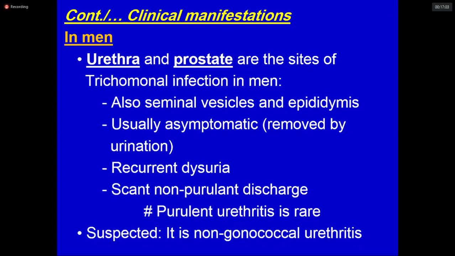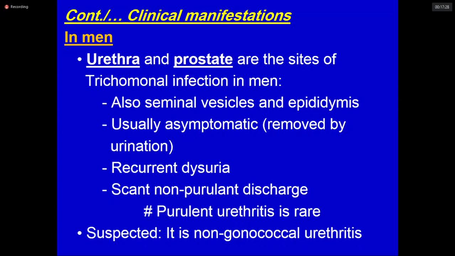Also in female, the urethra may be infected. Also, seminal vesicles and epididymis can be infected beside the urethra and the prostate. Usually asymptomatic, and we said that usually 50% of the cases are asymptomatic.